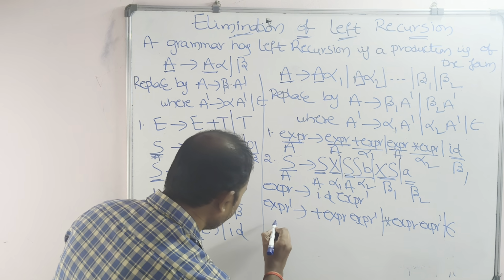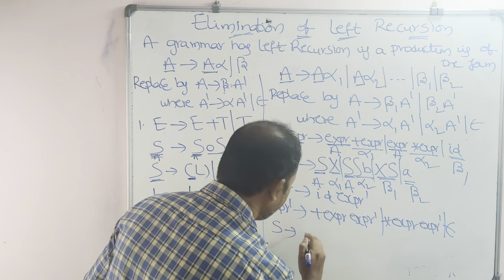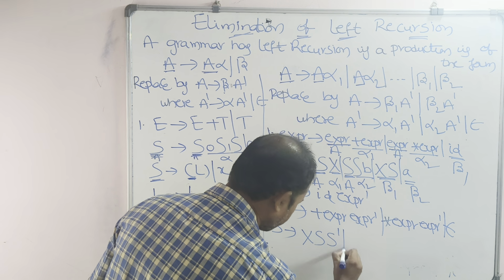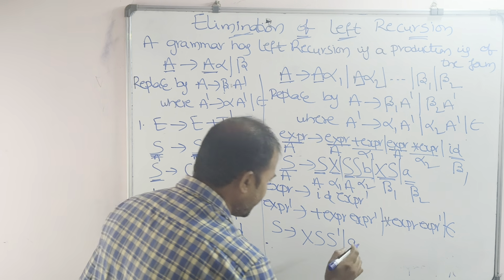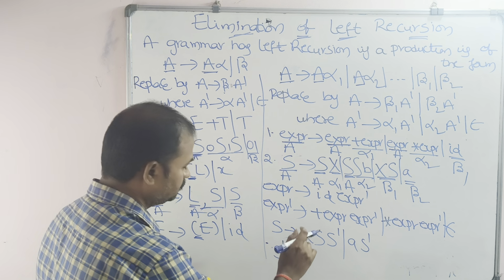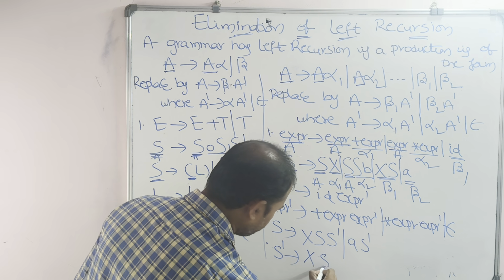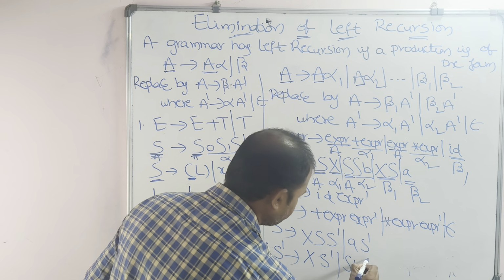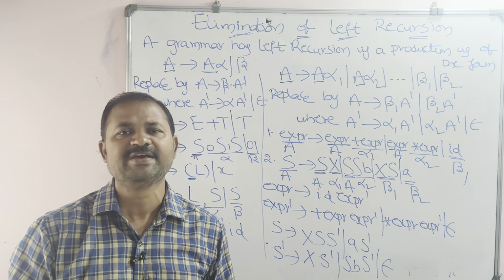So replace this production by S produces β1A' | β2A', where beta 1 means XS and A' means S', and beta 2 means the other alternative followed by S'. S' implies α1A', where alpha 1 means X S', or alpha 2 means SB S', or epsilon. So likewise, we can solve any problem very easily.